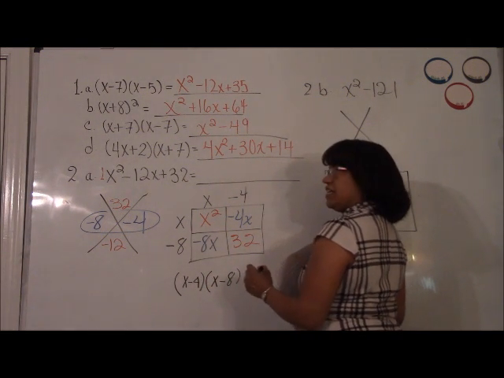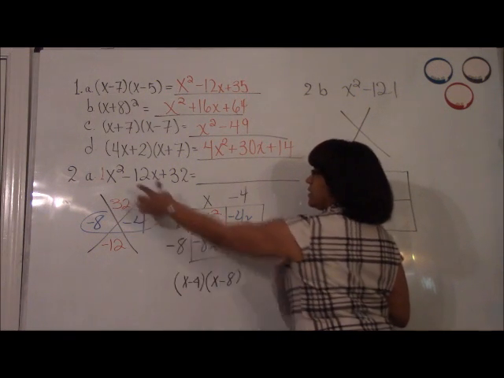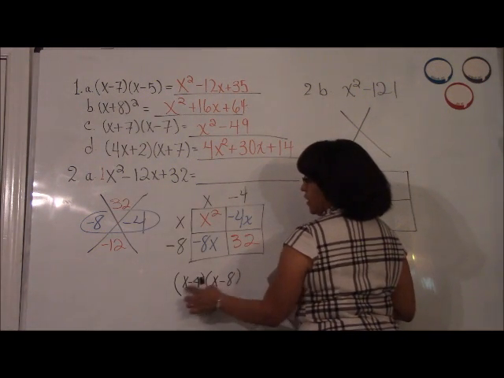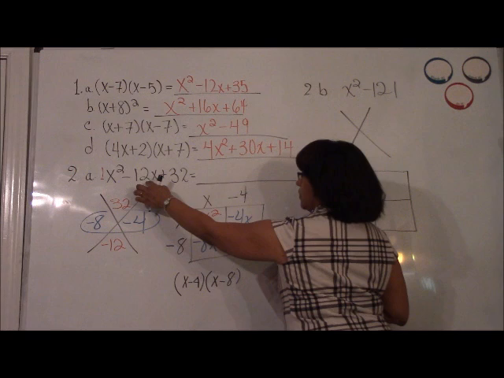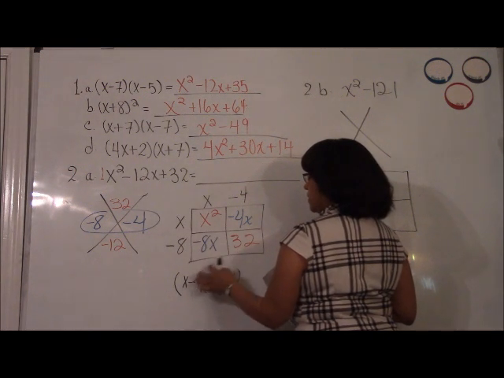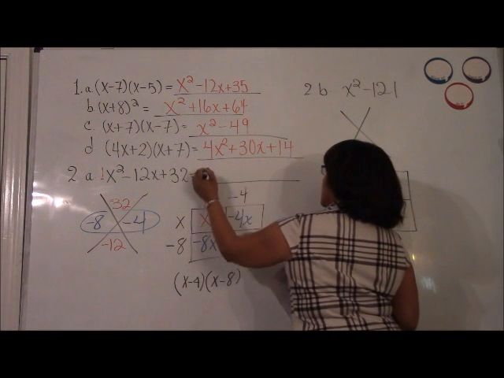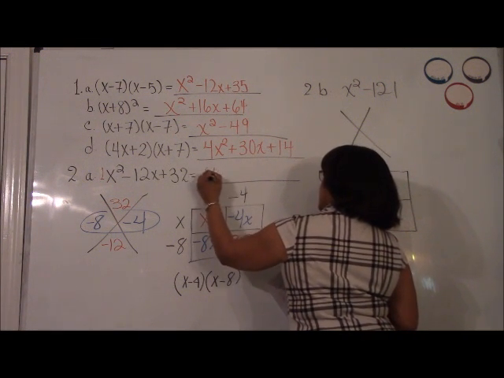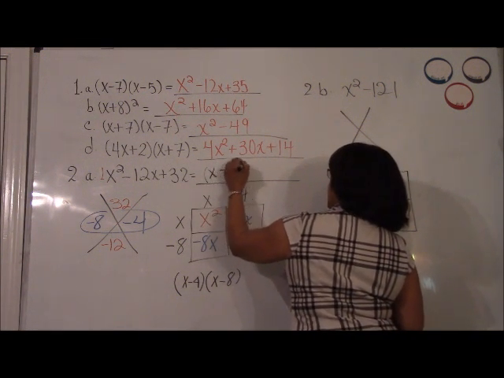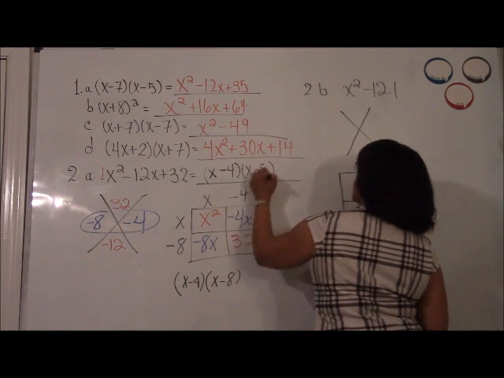You can always check yourself by multiplying. x times x is x squared. Negative 4x plus negative 8x is negative 12x, and then negative 4 times negative 8 is positive 32. So your answer was x minus 4 times x minus 8.